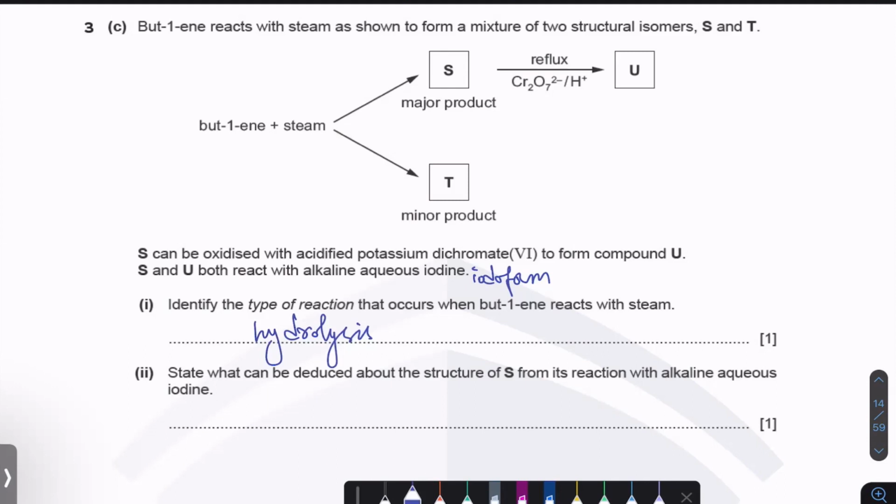Based on what we have studied so far, the only thing we can infer is that by adding steam to an alkene, we will be getting alcohol. That's all we can infer at the moment. But once you study the aqueous iodine reaction, you will have more information.